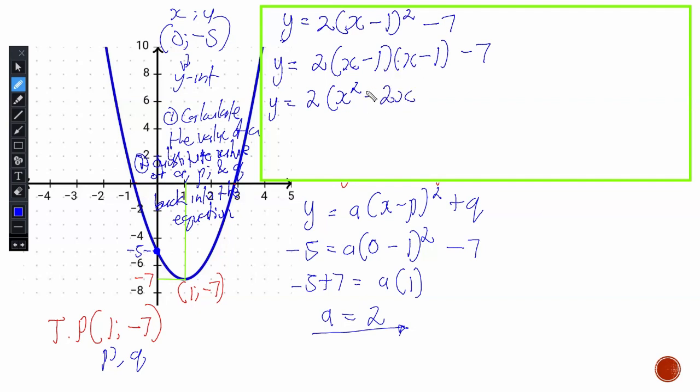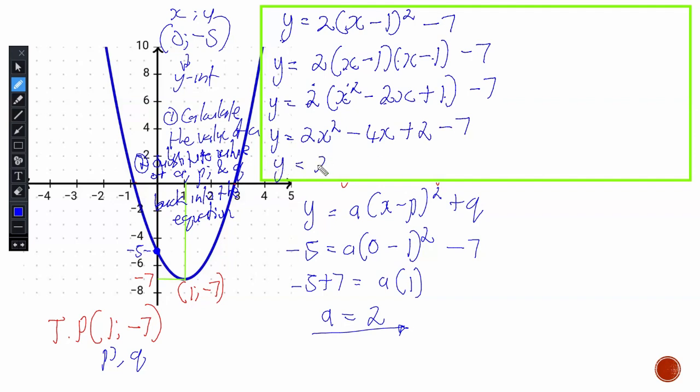So all in all, we're going to have negative 2x. Negative 1 times negative 1 is positive 1, and then minus 7. At this point, you can multiply inside the brackets by this 2. So 2 times that is 2x squared, 2 times this is negative 4x, 2 times 1 is a positive 2, and then minus 7.